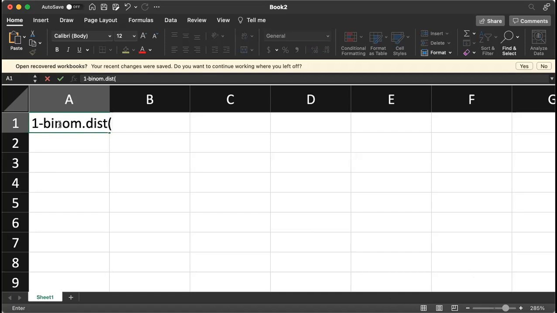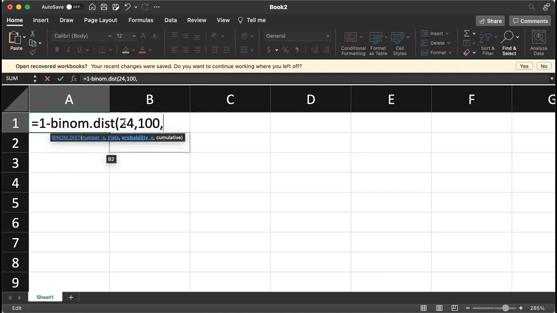I forgot the equal sign. So the arguments: the number of successes was 24, the number of trials was 100, probability of success is 0.2, and the cumulative argument set to true. So it does the probability of x being less than or equal to 24.